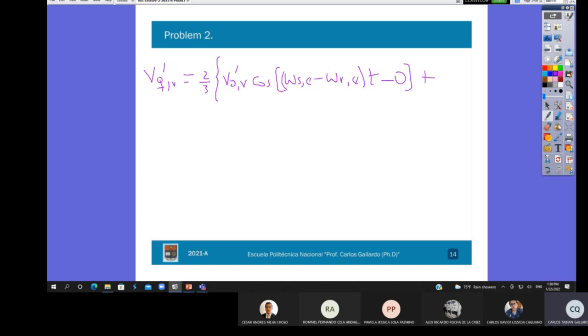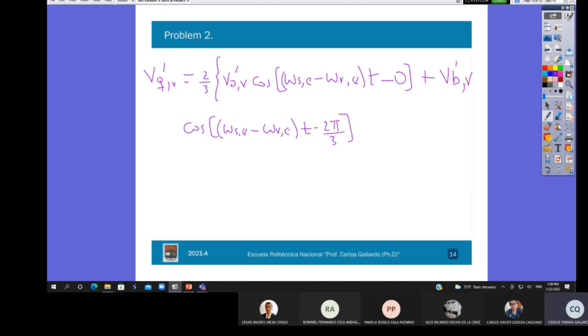Plus I will have the voltage B times the cosine of the stator electrical speed minus the rotor electrical speed times the time minus a phase shift of 120 degrees. This is my second term.